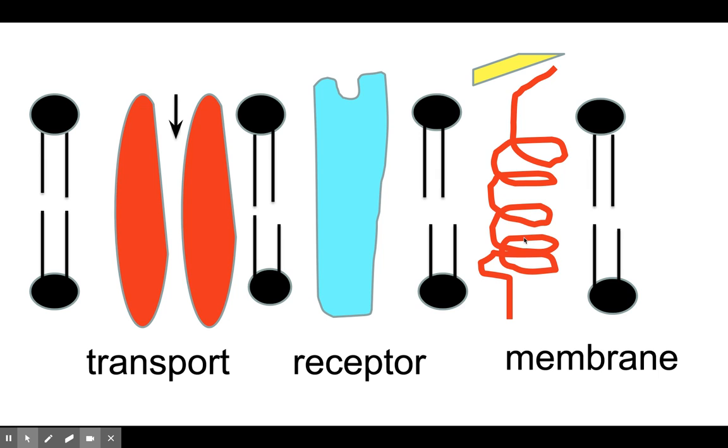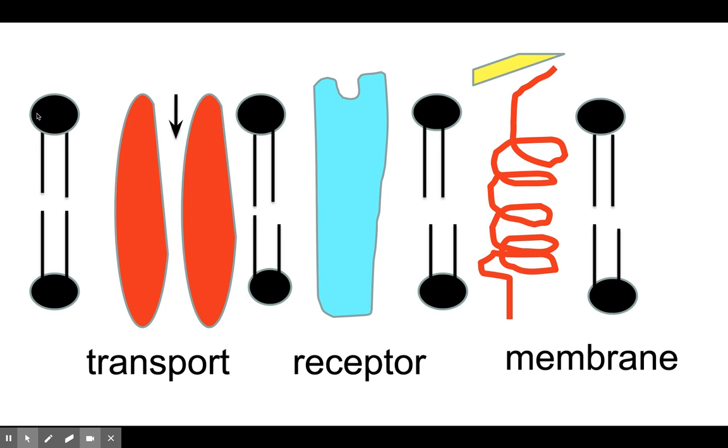Now notice this is hand drawn, so I'm not a Picasso. It looks kind of wiry, but if we're identifying these types of proteins from the top of the cell membrane, 9 times out of 10, we're not going to be able to cut the membrane in half and look to see what kind it is. So we're going to have to recognize it from the surface of the cell membrane.